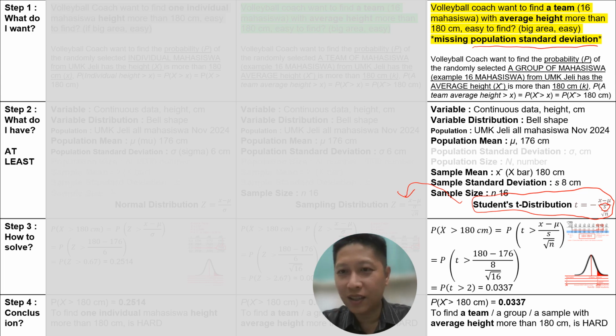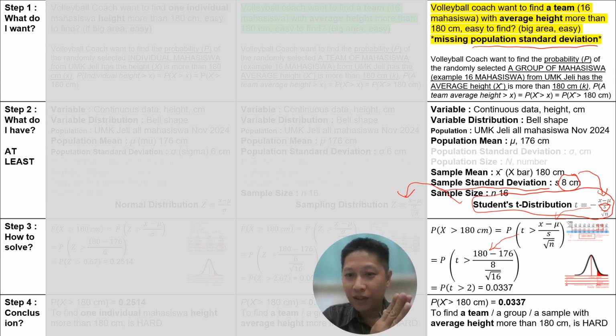For this case, we are given the sample standard deviation of 8 cm. As such, we're going to replace all the values inside this formula, and once we plug in here, we're going to get the t.